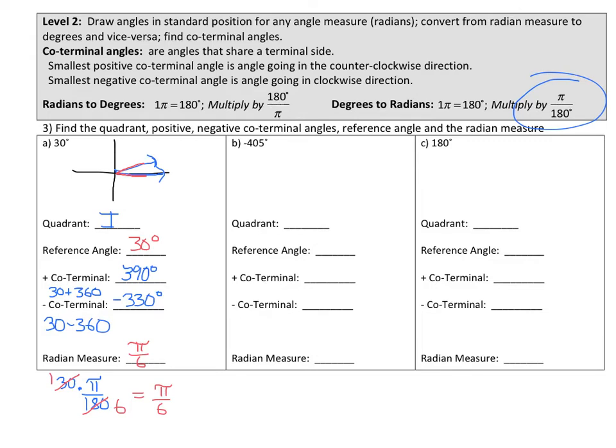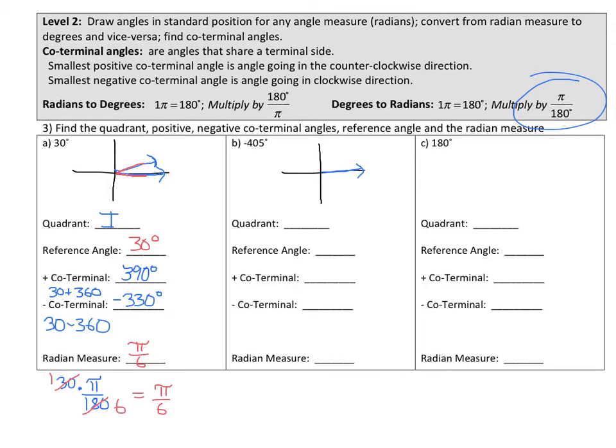In the next example, negative 405 degrees, we always start with the initial side on the positive x-axis, and then I'm swinging down in the clockwise direction. I'm going to make a full circle, which is only 360, but then I have another 45 degrees to go.